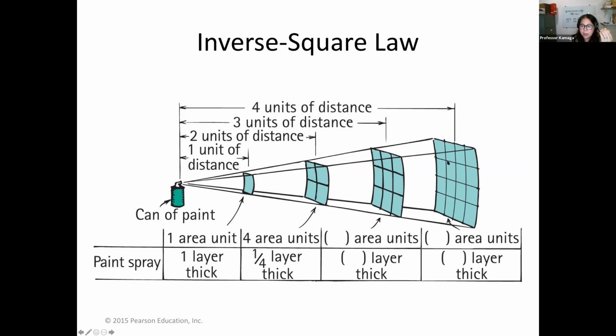Now how many sheets does it require to cover the whole ink that comes out from the can, when you move 4 units of distance? And how strong is the intensity, the saturation, you see in each paper?